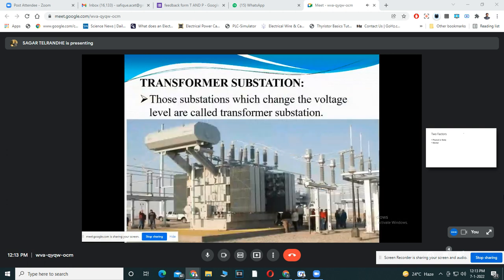The transformer substation is shown in front of you on a slide, wherein we have a huge transformer placed in the transformer substation. Here we are able to see that this transformer is very large and we are able to see a huge tank of oil.